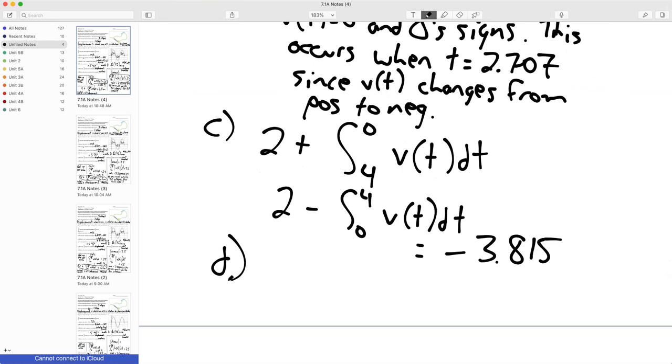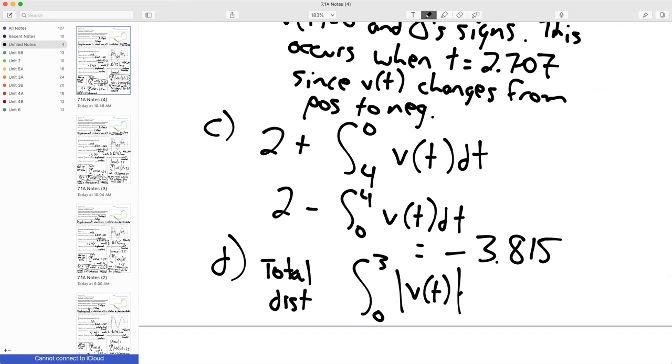Part D says find the total distance the particle travels from time t equals 0 to t equals 3. So total distance is going to be the integral. My bounds are 0 to 3 this time. Since it's total distance, I've got to take the absolute value of V of t dt.